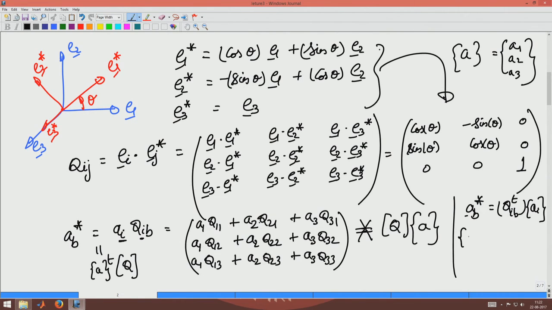So, in other words, A star is Q transpose A, where Q is this matrix, okay. So, if I transpose this, I will get the right addition of the terms here, okay. So, this is the final representation that we got for A star, okay.